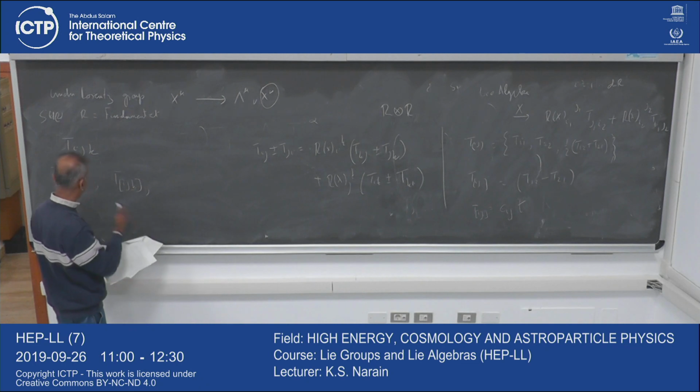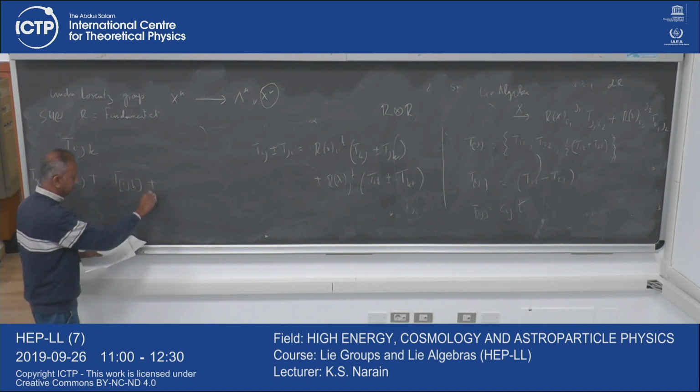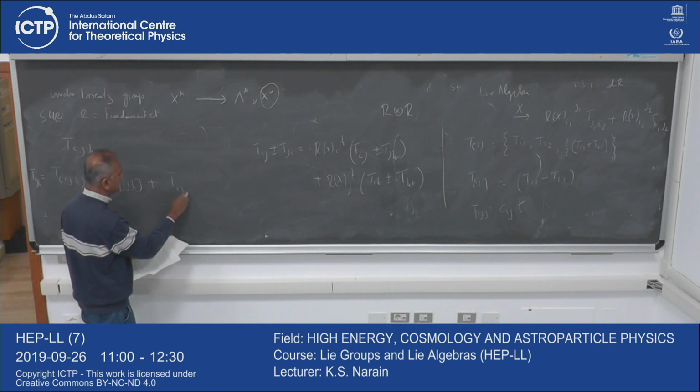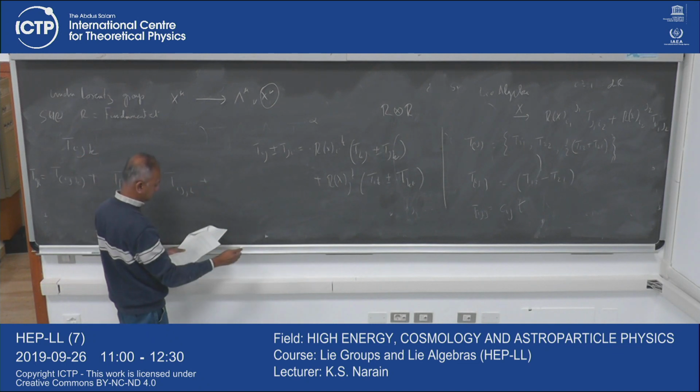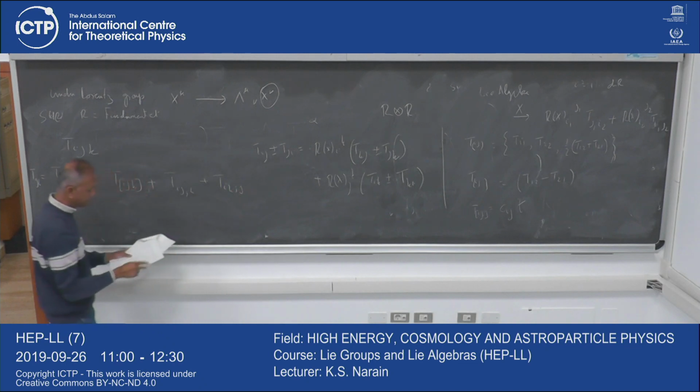But in general, there will be this. One can decompose Tijk into a totally symmetric part, a totally antisymmetric part, and then these mixed combinations, written as Tijk with a semicolon, plus Tikj, where these things are defined.